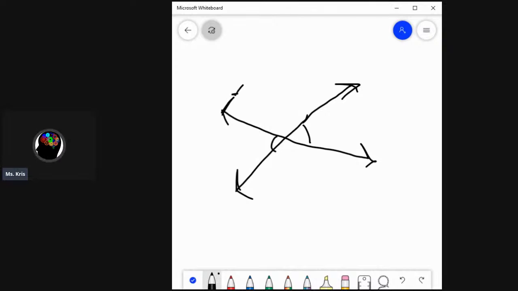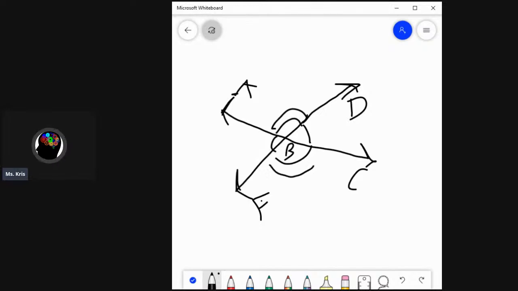So angle ABC and angle FBD are congruent to each other, or angle DBC is congruent to angle ABF because they have vertical angles.